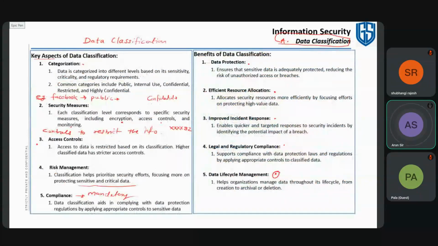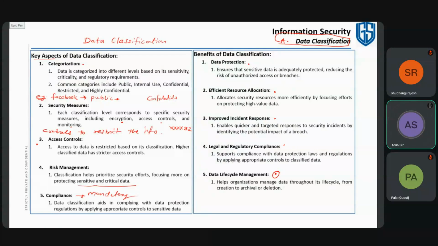In the last session, we discussed how to understand information security. When you want to understand information security, the very first ground we need to cover is called data classification.